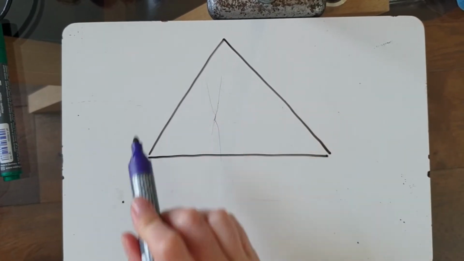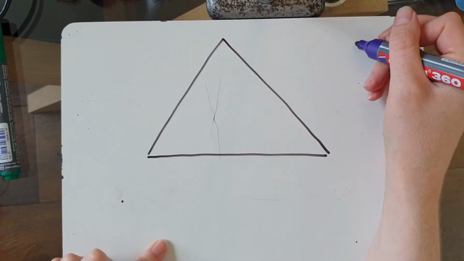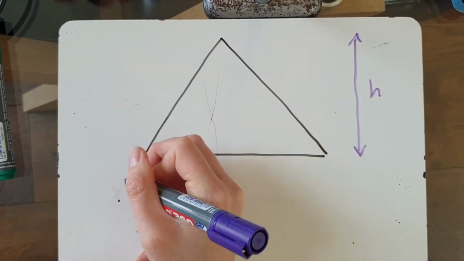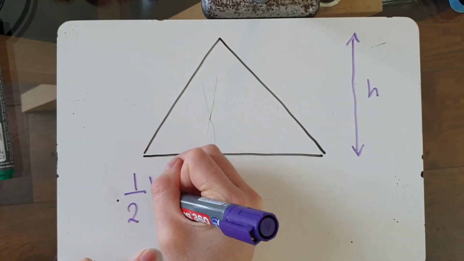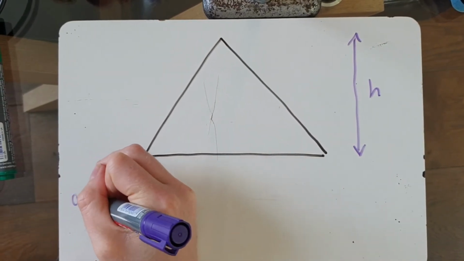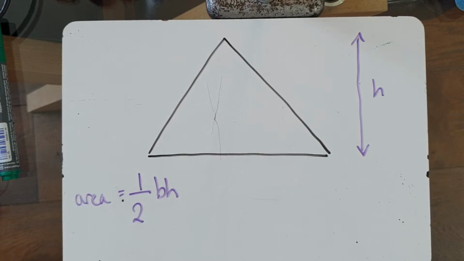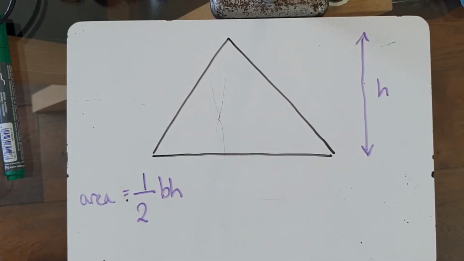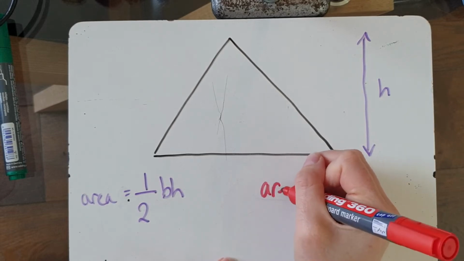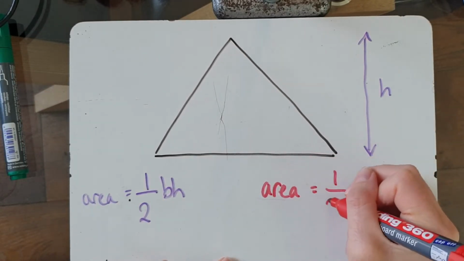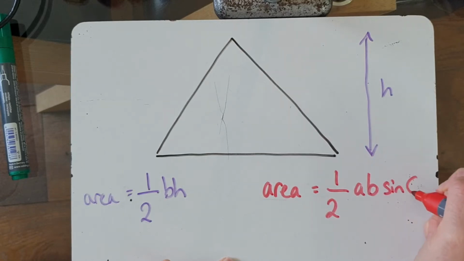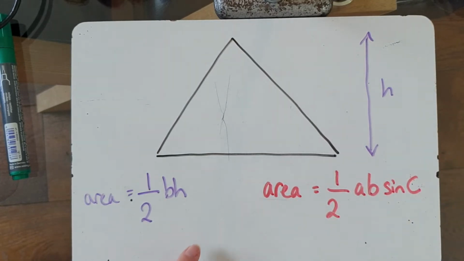If we want to find the area of this triangle, we would usually hope to use half base times height. However, if we do not have half base times height, then the area will be half two of the sides multiplied together and then sine of the angle between them.